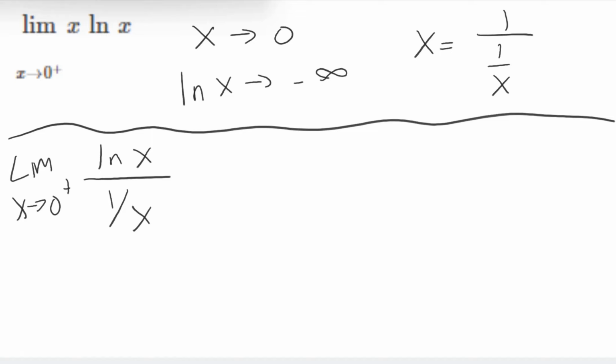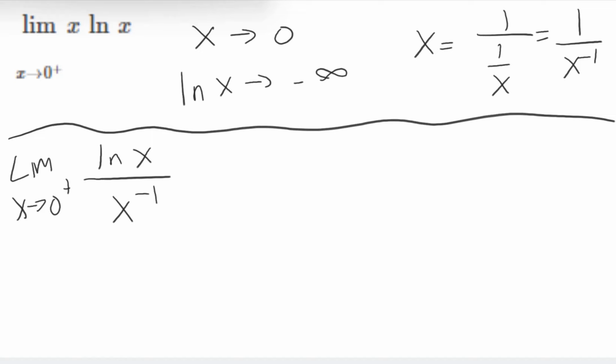The other way to write this would be 1 over x to the negative first power, which I'm going to change this to because that makes the derivative a little easier. We now have a fraction. And if I look at 0, it's still going to infinity over infinity, so it's the same concept. You just change one of the products to something that makes a fraction, because your goal is just to get a fraction so I can do L'Hopital's rule.